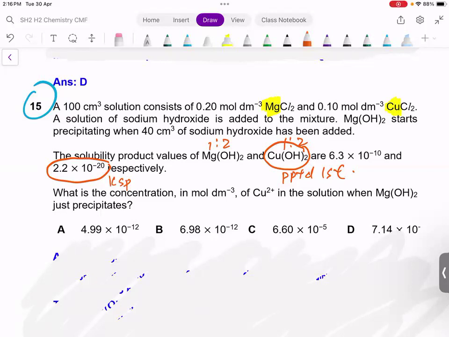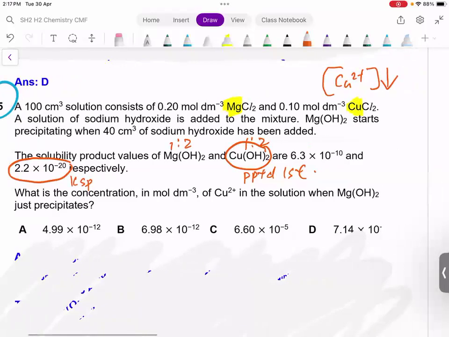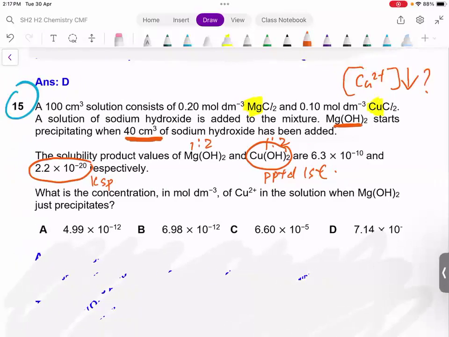So this means that my copper 2 plus concentration will drop. Agree? If copper hydroxide is to be precipitated, my concentration of copper 2 plus will drop. I don't know how much it drops by, unknown. But I'm told that at the moment of adding 40 cm cube, my magnesium hydroxide starts to precipitate. Is this piece of information very important?